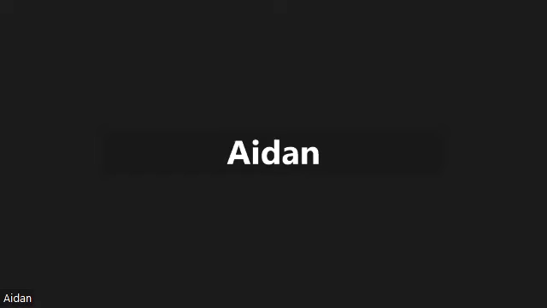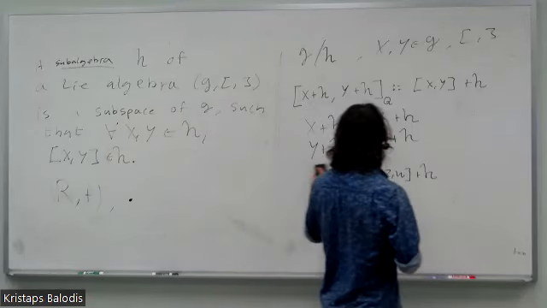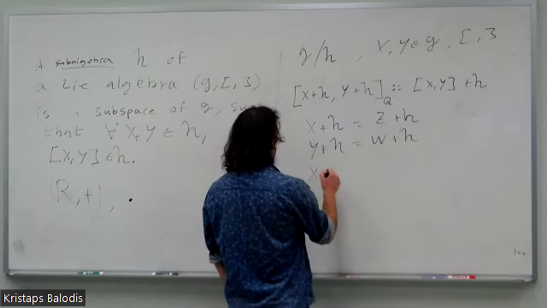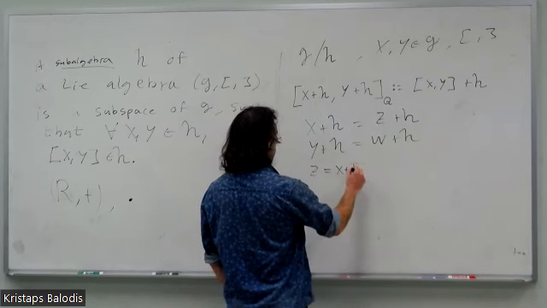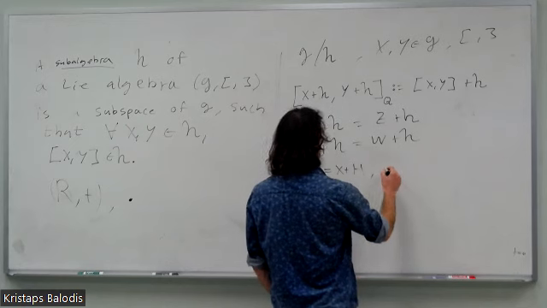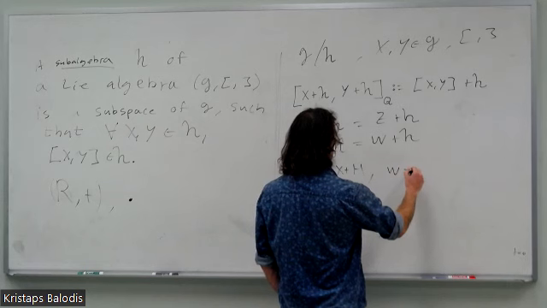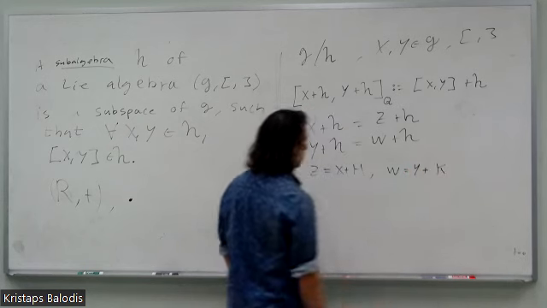Then we can use the bilinearity to combine them. Yeah, I think what we want to do is say something like Z is X plus H, and W is Y plus K.